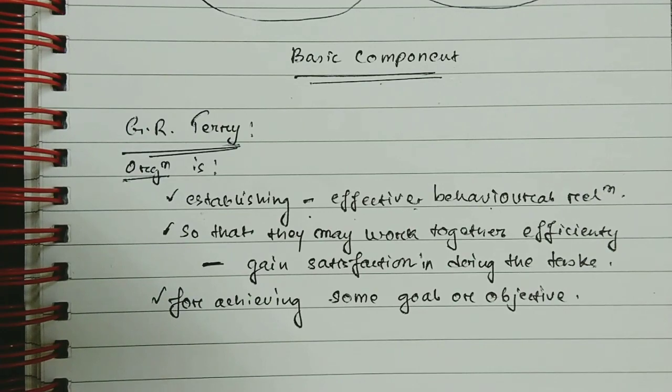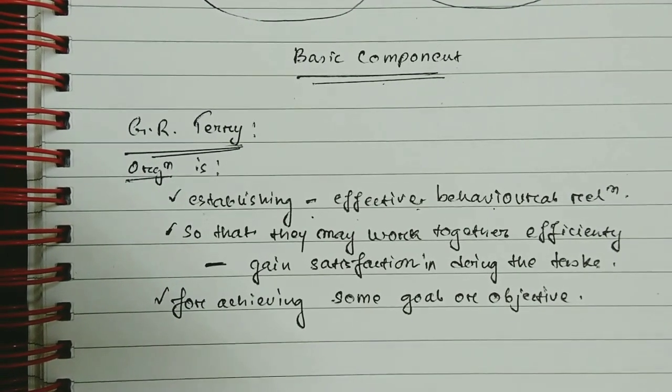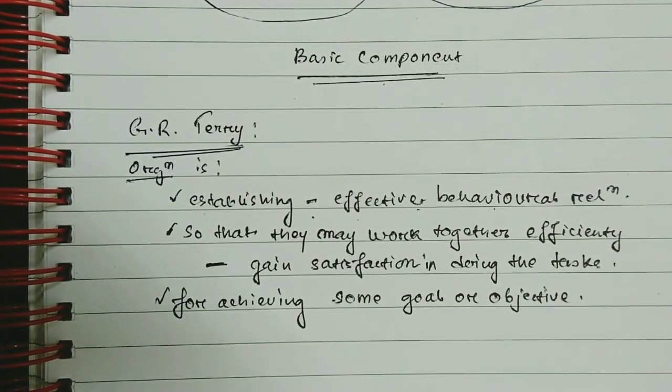So how does it sound like if we read it together? Organizing is the establishing of effective behavioral relationships among persons so that they may work together efficiently and gain personal satisfaction in doing selected tasks under given environmental conditions for the purpose of achieving some goal or objective.